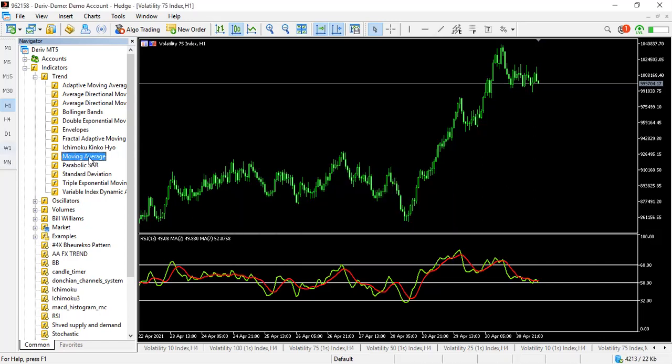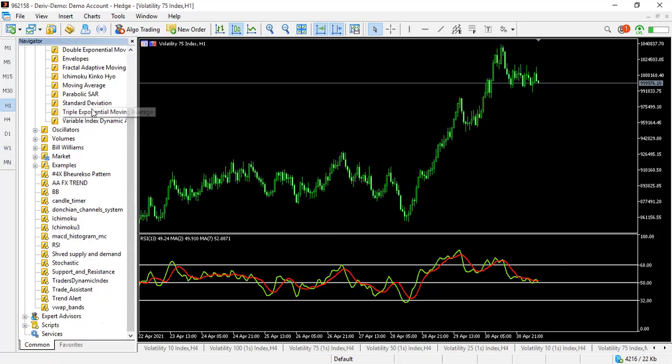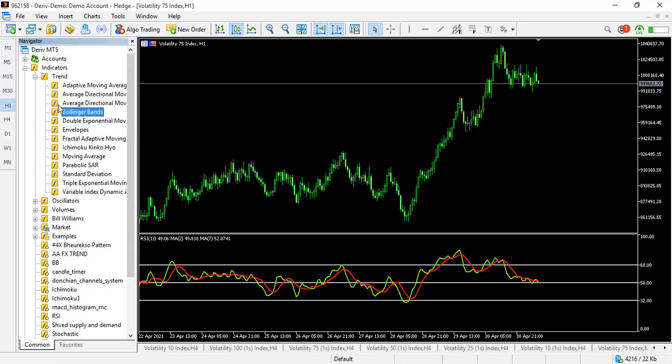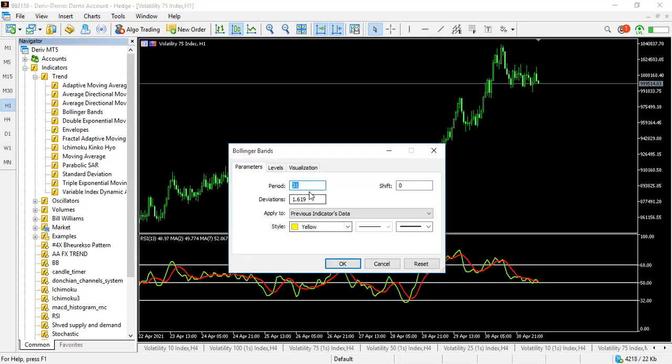All right. Then the next thing, you add your Bollinger Bands. Drag and drop it here. Okay, and the settings is 34, and the deviation is 1.618.